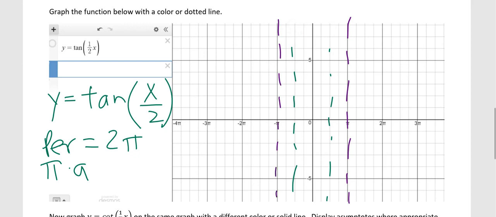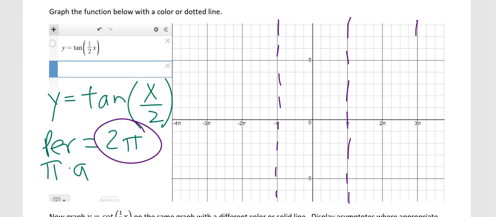So my question to you is, where would the next one be after 1 pi? It can't be 2 pi because the period's 2 pi. Oh, it has to be.